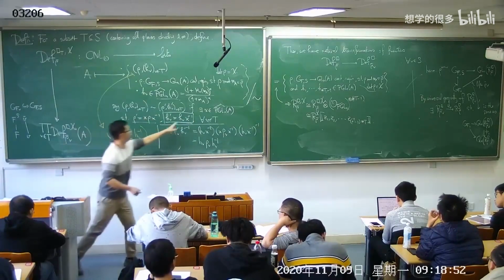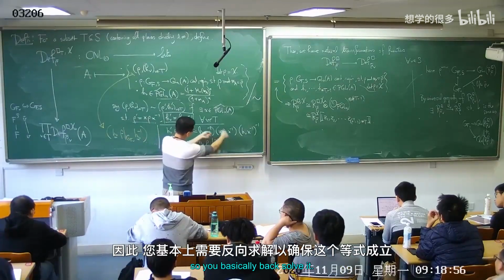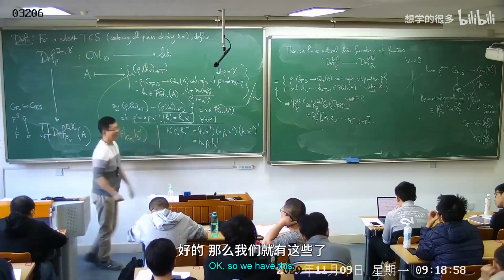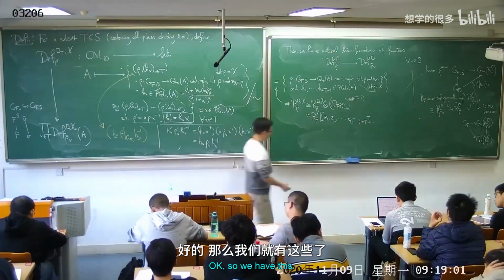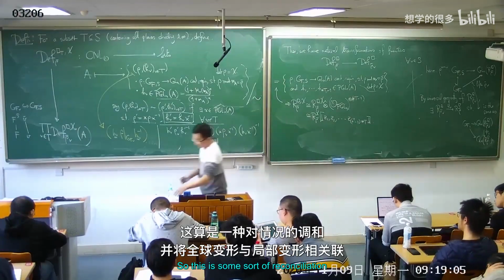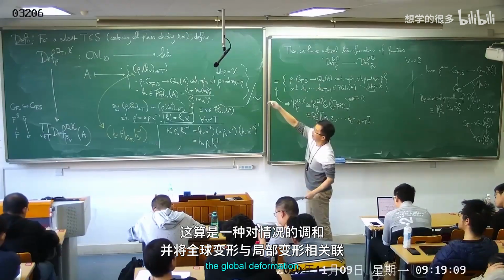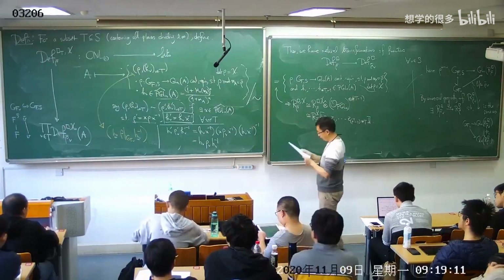So that's where the X inverse comes from. You want to make sure that this equality holds, so you basically back-solve it, so you get this. Okay, so we have this. So this is some sort of a reconciliation of the situation, and then relating the global deformation to the local deformation.